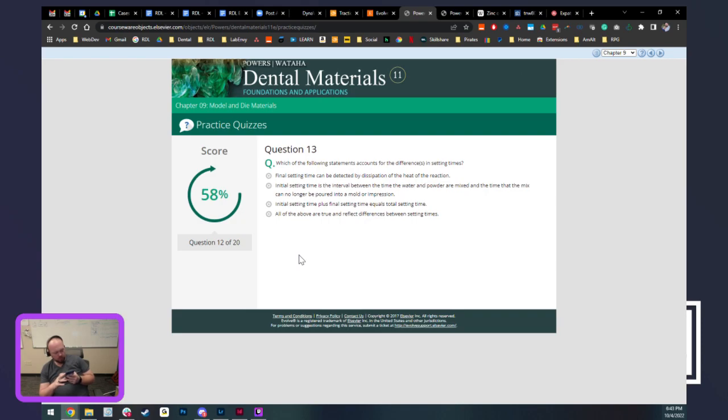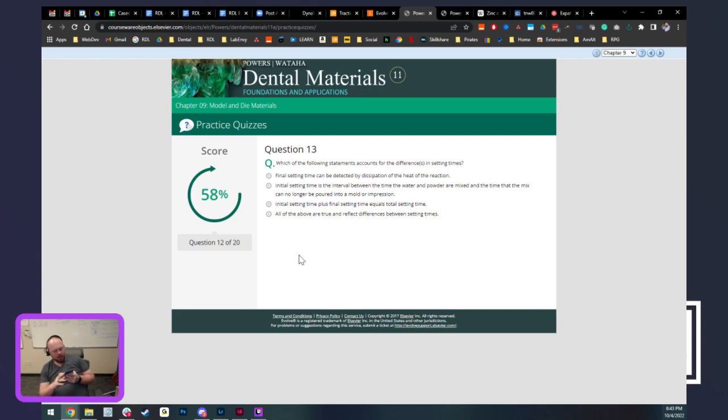Except for reversible hydrocolloid, which is soft when heated and sets to an elastic state when chilled, elastic impression materials set by chemical reaction. Currently used elastic impression materials are reversible hydrocolloids, or agar, and irreversible hydrocolloids, alginate. Okay, alginate is an irreversible hydrocolloid.